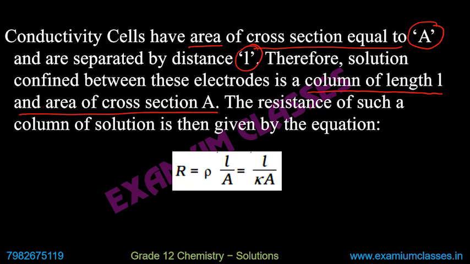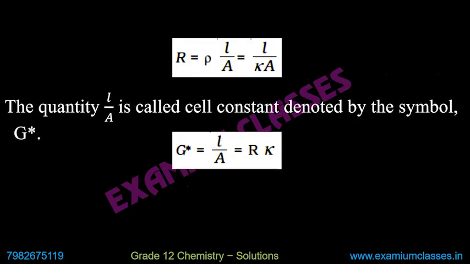And we can apply the same formula, R equals rho L by A, which we used for metallic substances. The quantity L by A is called the cell constant. You need to memorize these things.